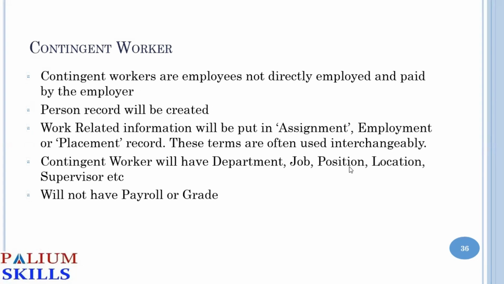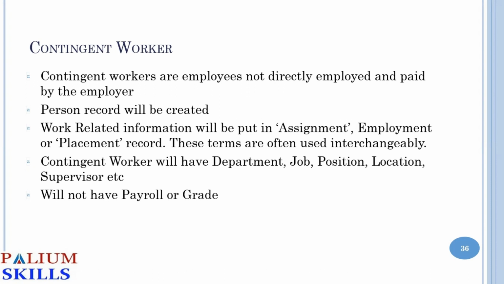Contingent workers are workers not directly employed and paid by the employer. They are working through some other vendor, some other company. They're employees of that company, and that company is going to pay them. They will be billed to the company every month, and once the company pays, the company will also be paying the employee. So work related information will again be put in assignment.